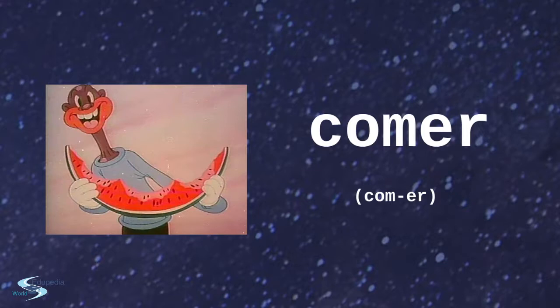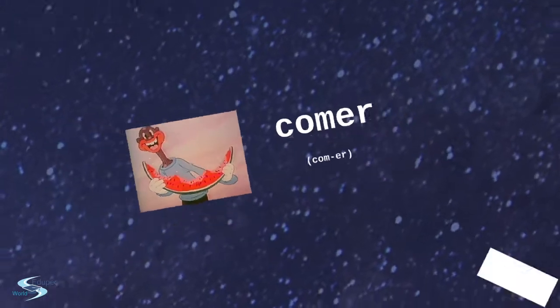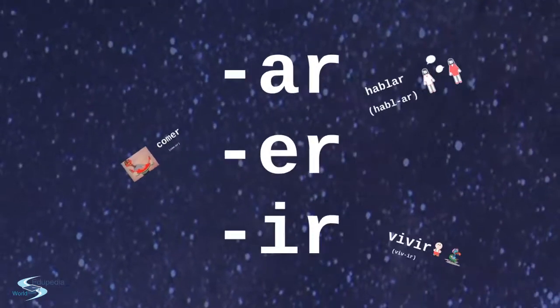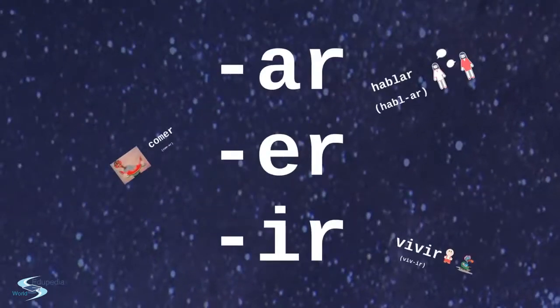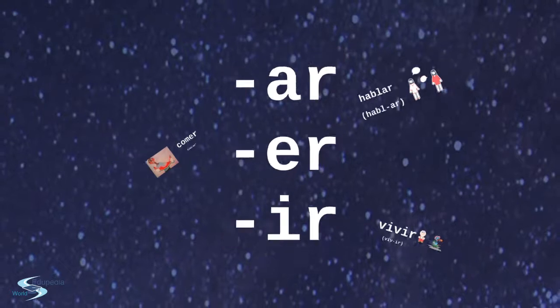You can separate the verb in the stem, raíz, com, and the ending, and those ending with ir, such as vivir, to live. So the three different endings for the regular verbs in Spanish are ar, er, ir.